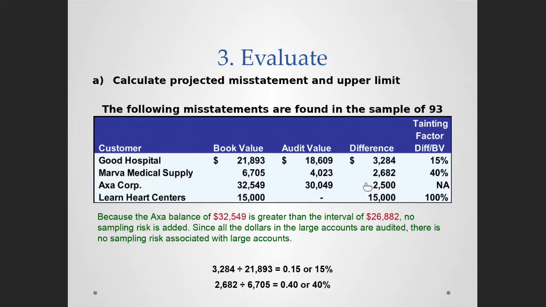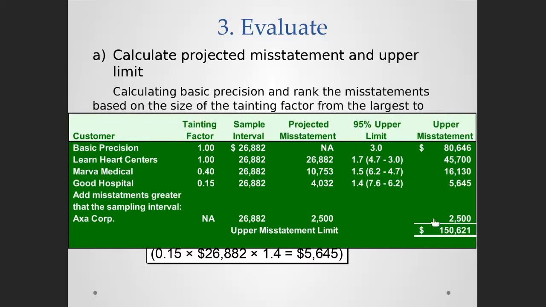So there is no need to project for those numbers. Okay, so we use the entire amount of error as the error in the population. Whatever is in the sample is in the population because we sampled all of those large numbers. You follow? Okay, very good.